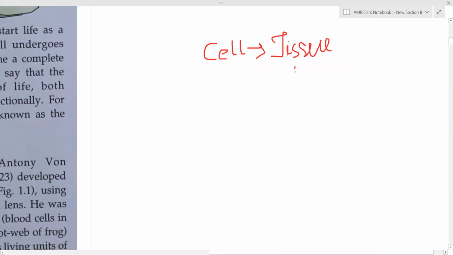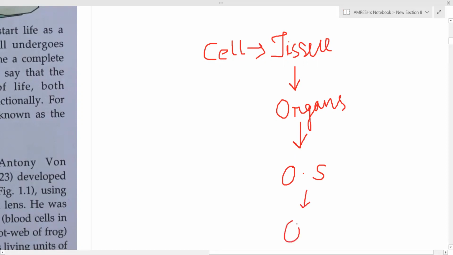And that tissue will form any organ, that is your stomach or your heart, lungs. And a number of organs will form your organ system. Organ system, and that organ system will form an organism or a body organism.